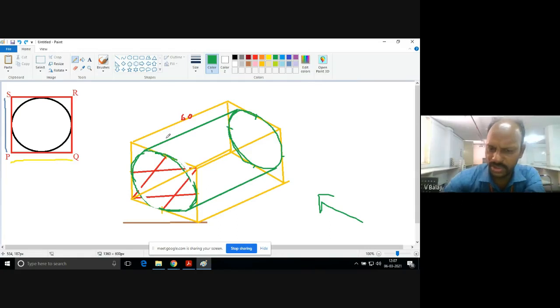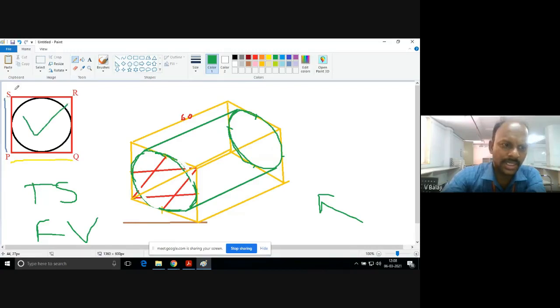Both ways you can represent. But as far as the true shape appearing in the front view, this method, method 2, is applicable.